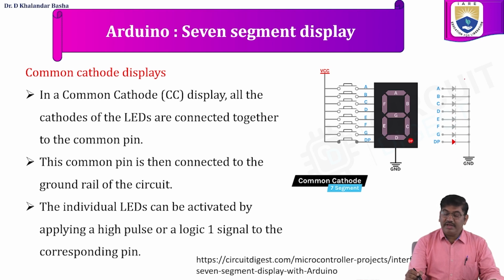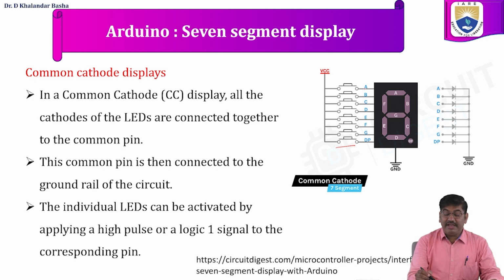The individual LED from A to G will be activated by passing the VCC to the corresponding pin. So whenever the VCC supply, here you can see the switch position. So whenever this switch is closed, the corresponding VCC will be passed to the LED.